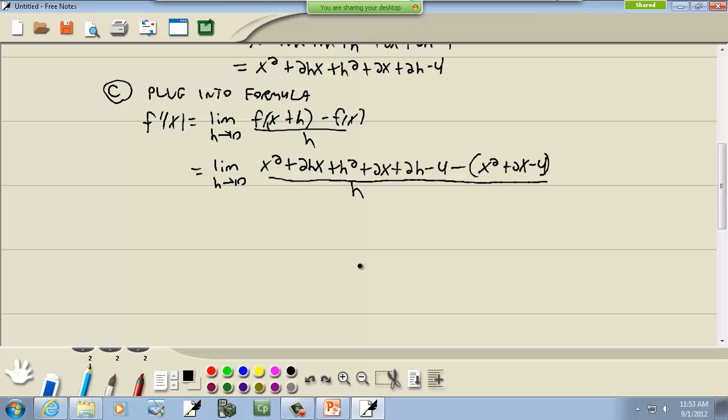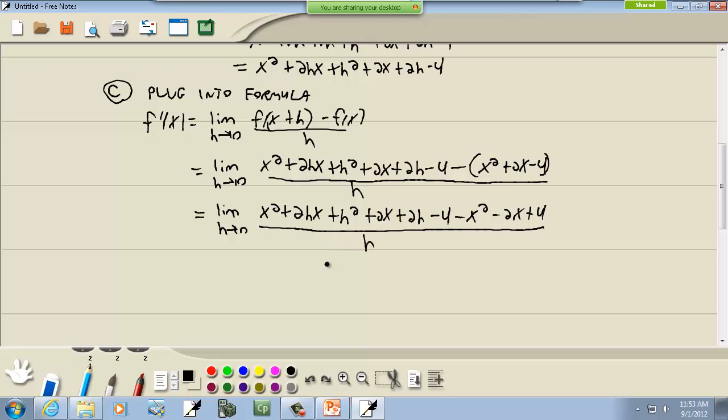Again, if you have a negative in front of your parentheses, then that flips the sign. So we're going to have x squared plus 2hx plus h squared plus 2x plus 2h minus 4. And again, this negative out in front flips the sign of those. So that becomes negative x squared minus 2x plus 4 over h. I'll combine together like terms. We have an x squared here minus x squared.